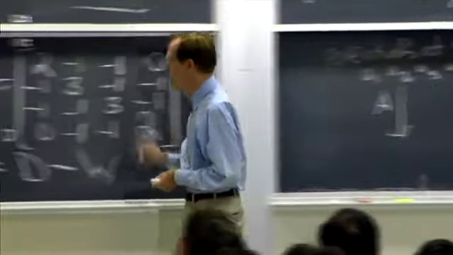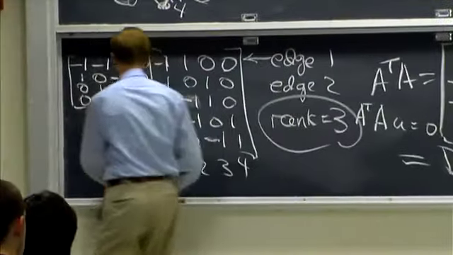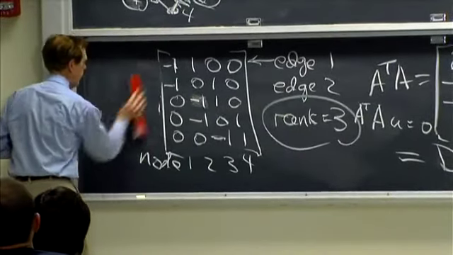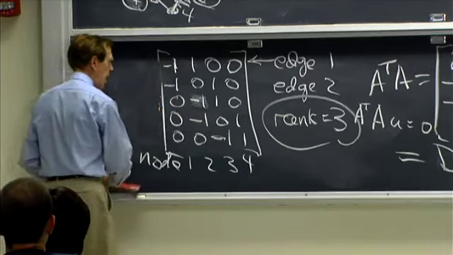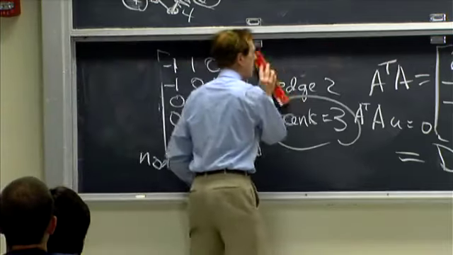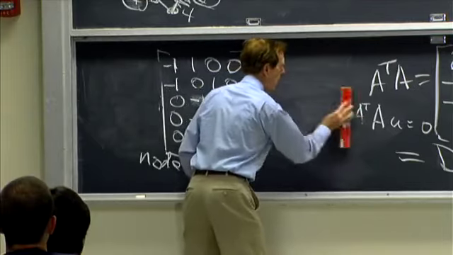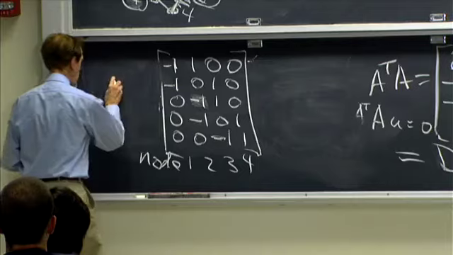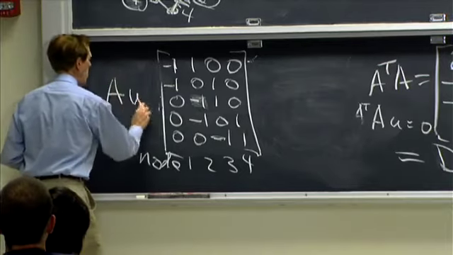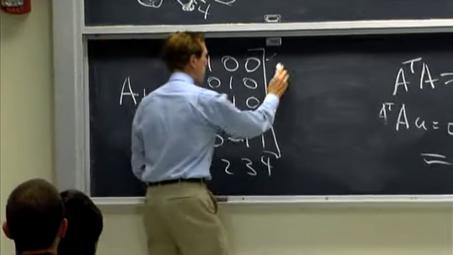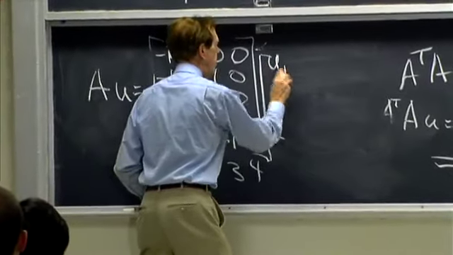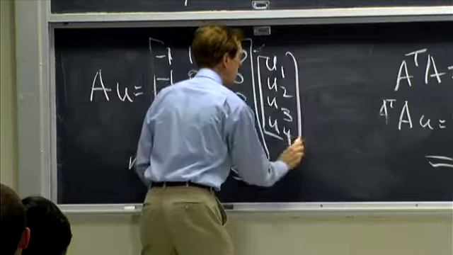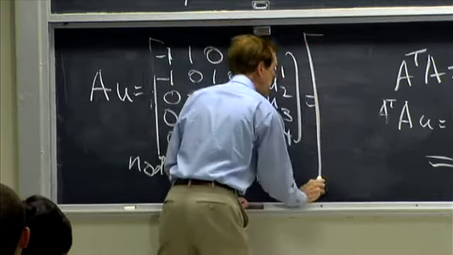I'll erase A transpose now, because we've got that. So there's A, but now I'll make space to multiply by U. So now I want to look at AU. A multiplies a bunch of potentials, a bunch of voltages, and let's just do this multiplication and see what it produces.